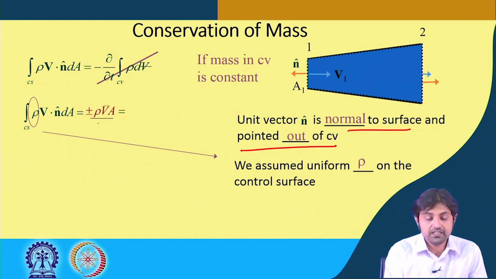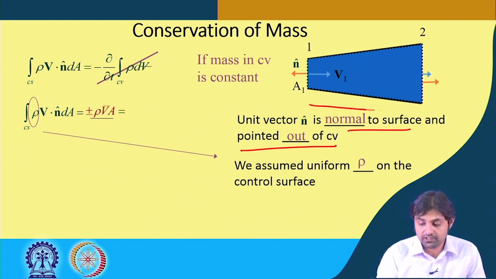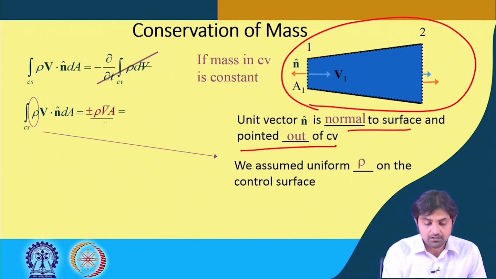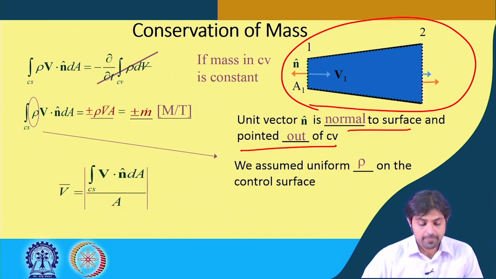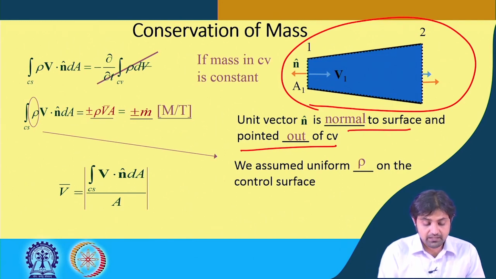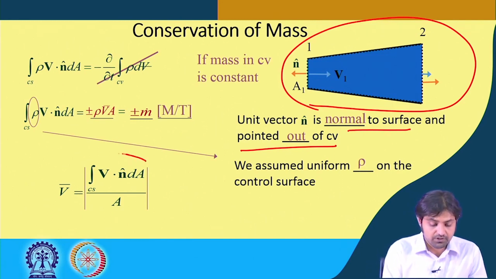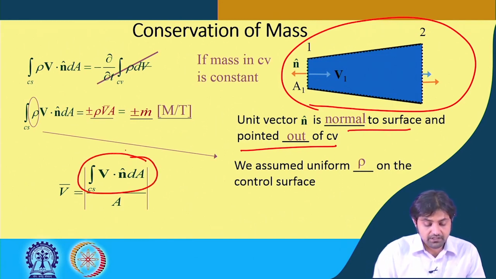So we can simply write for this particular case plus or minus rho V bar A is equal to the rate of change of mass, or mass per unit time. So we can simply write the average velocity as the integral of V dot n dA divided by the whole area of cross section.